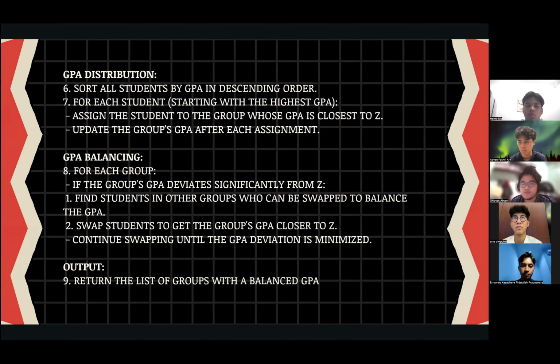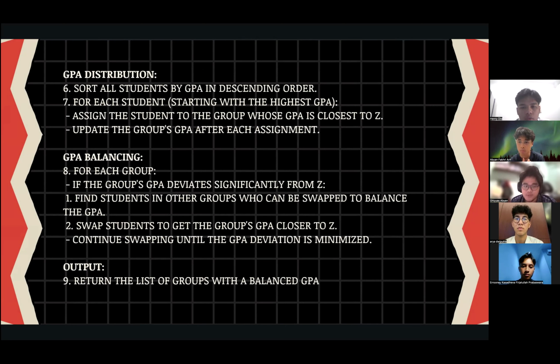And then we move on to the GPA distribution for each group. Sort all students by GPA in descending order, and for each student, starting with the highest GPA, we assign the student to the group whose GPA is closest to Z value and update the group's GPA after each assignment. After that, we need to do some GPA balancing.